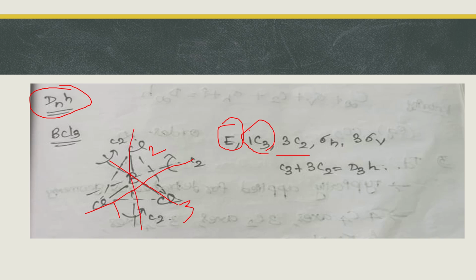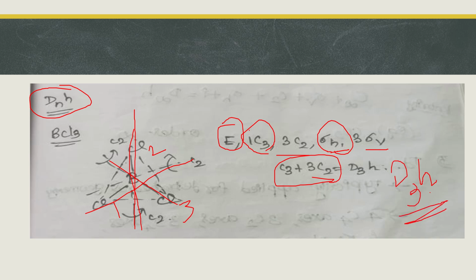We fold the BCl3 about the 3 C2 axes, and it has the horizontal plane of symmetry. When we cut the molecule, it bisects, so it is the horizontal plane of symmetry, and it also has vertical planes of symmetry. But the priority goes to the horizontal plane only, so we have the h in the last position. The C3 plus three C2 axes gives the D3 point group. So BCl3 has the D3h point group.